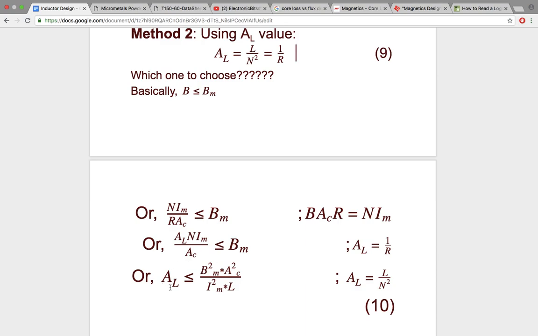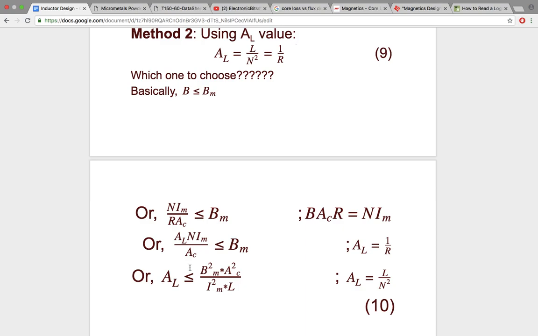And if this is satisfied, you will see that this is lower than the permeance. That means the reluctance of the core is already greater than the reluctance required. So in this case, there is no problem. The reluctance of the core should not be lesser than the reluctance required here, but it can be greater, so that will not create a problem.